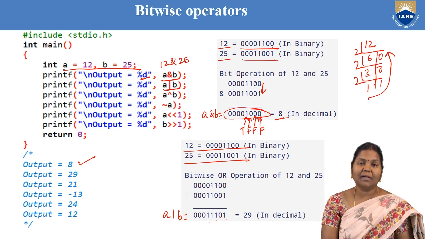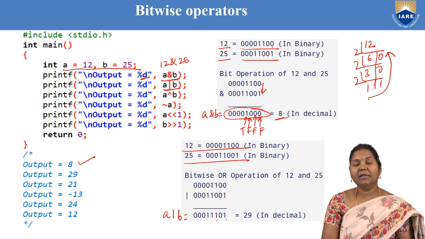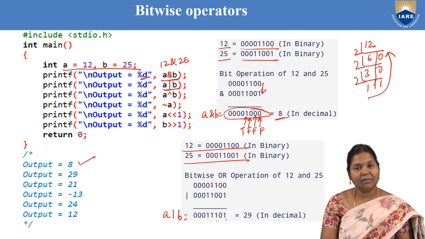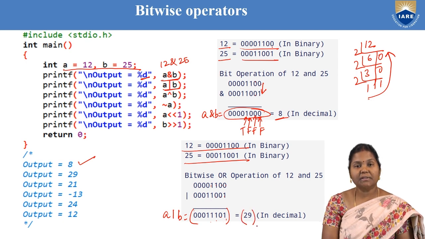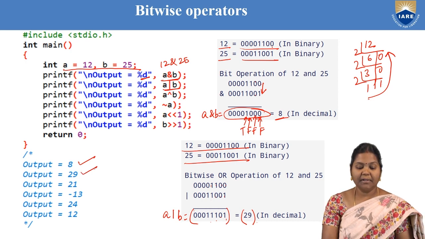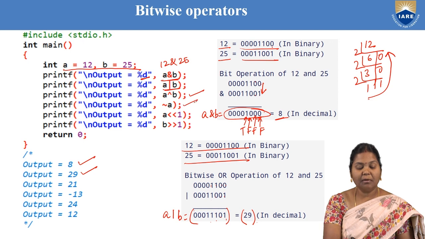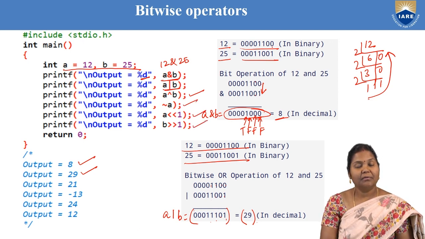So, the bitwise OR gate says that if any one of the inputs is true, then the output is also true. Whatever value you got, this is in binary, again convert it back into decimal. So, now in decimal, the value is 29. Similar way, you can do for XOR gate, you can apply here. Then one's complement you can find out, left shift and right shift, everything you can find out one by one.